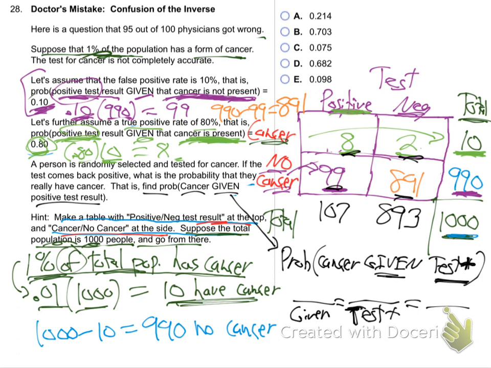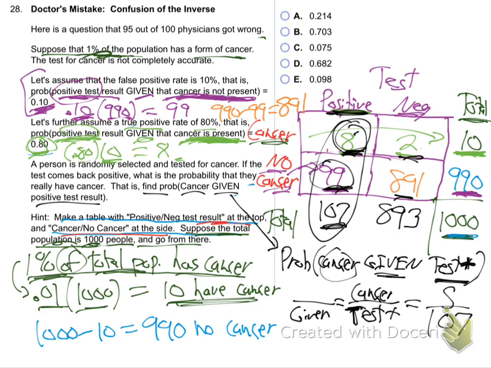It's all these people, huh? It's the 8 and the 99, totaling 107, who all got a positive test result, 107 people. And out of those, how many really had cancer? The 8 really had cancer, the 99 did not. 8 over 107 is the probability that you really have cancer, given that you tested positive.